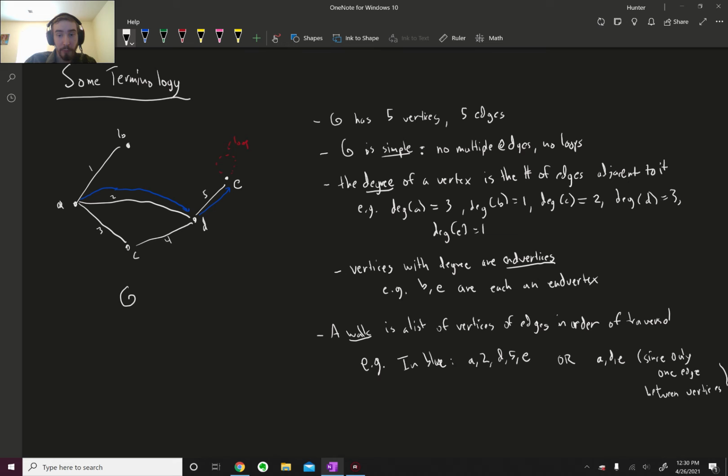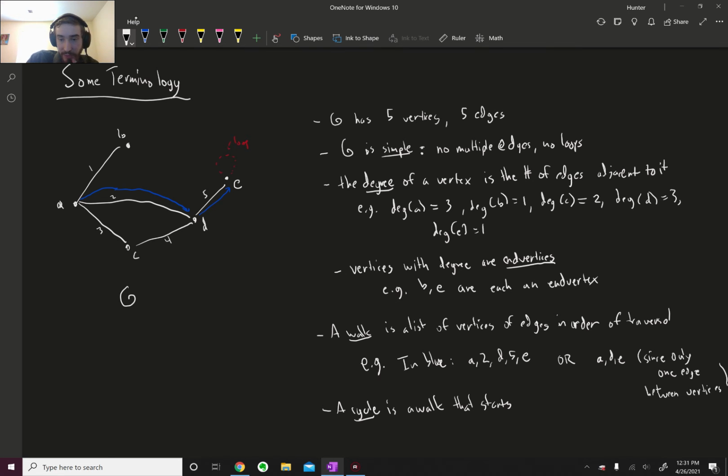Our question in the last problem was really a question about what kind of walks we can find in our graph. Particularly nice walks are cycles, where we start and end at the same point, a closed walk.